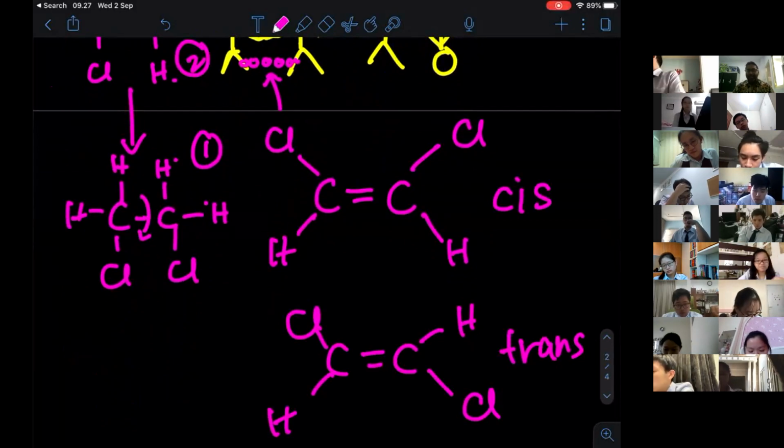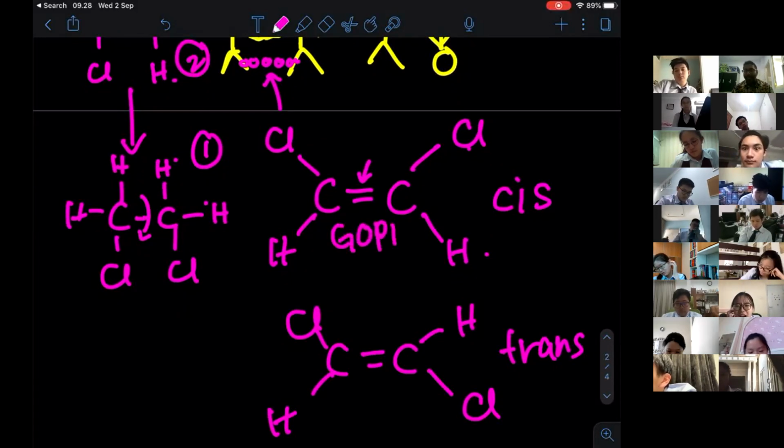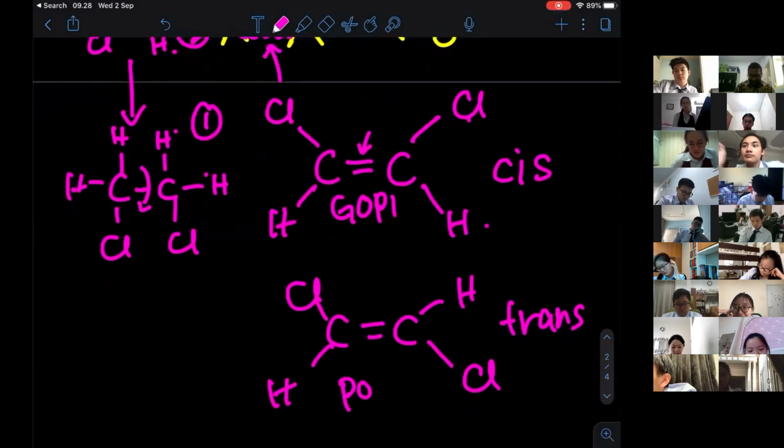Why are they different? Because there is no way that this Cl can come over here, because the pi bond will restrict the movement. If let's say this is Gopi, and this is going to be Miss Pugan, then it's totally different, even though it looks the same.